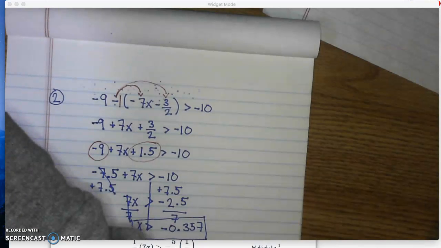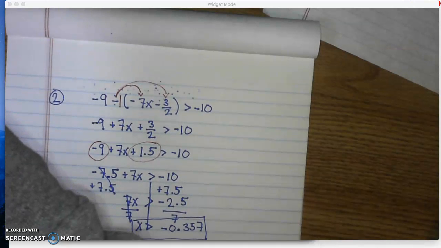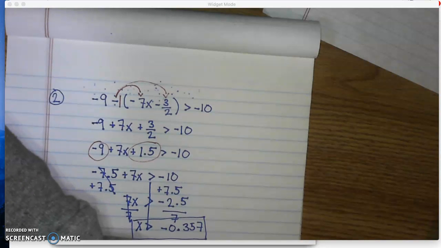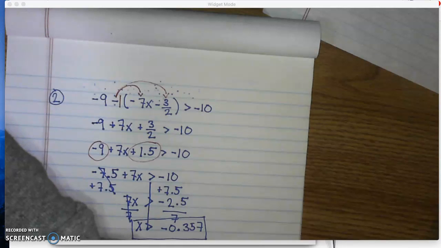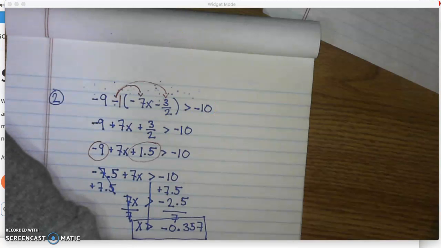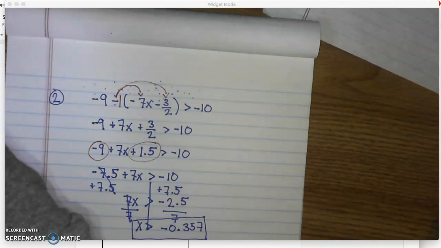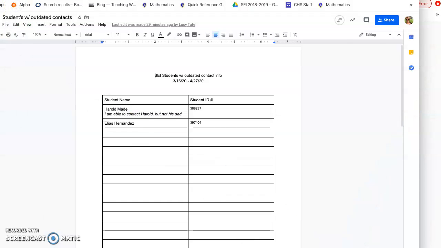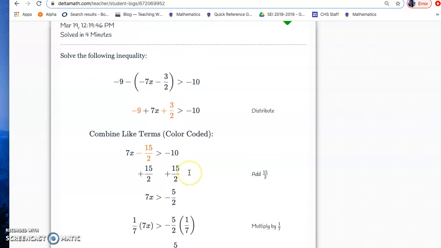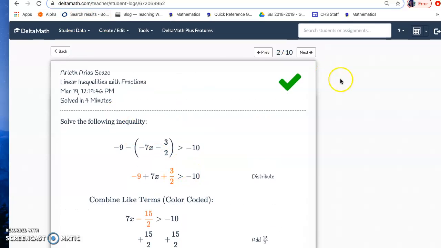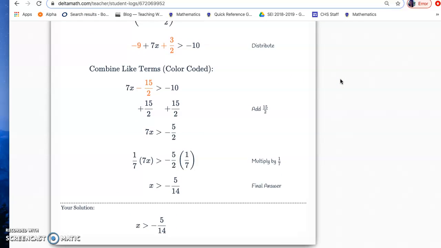But the answer they give us, I'm just trying to pull it up. The answer they give us is, that was the first one. Oh no, that's this one. Is -5 over 14.